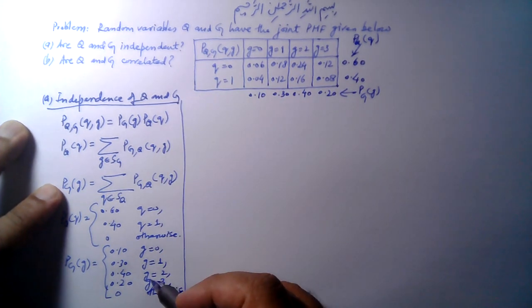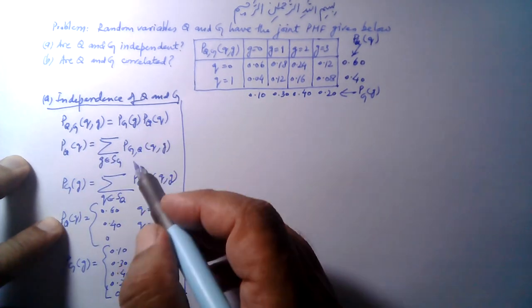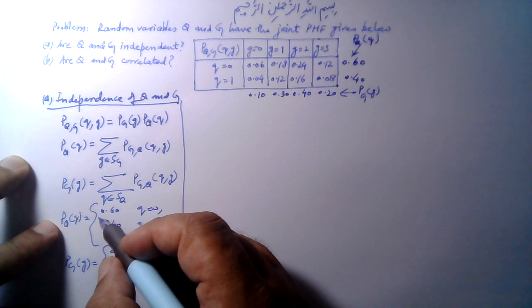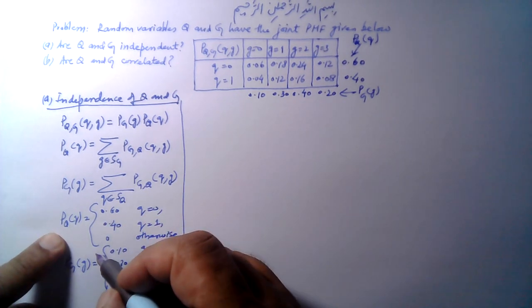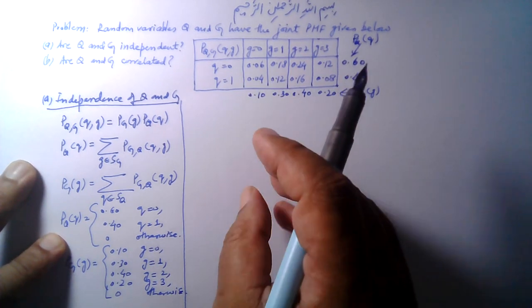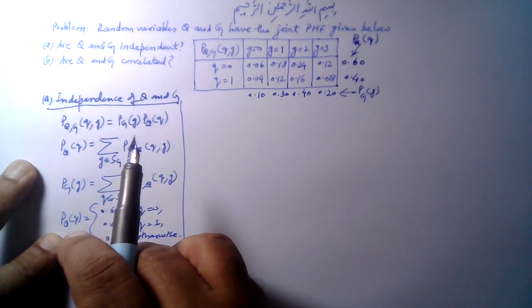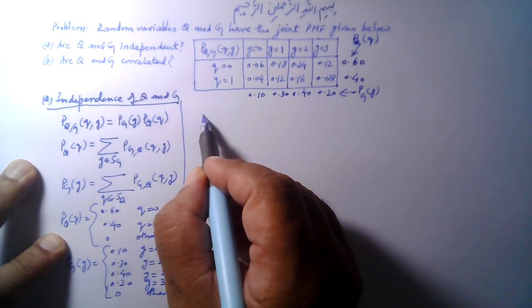So we have now the marginal PMF of random variable G also with us. What we need to do now is test for this equality here, and for this we need to construct the product of these two probability mass functions. So we build a table similar to the one here, but the table will contain the products of these probabilities of these two random variables. So let's begin constructing that table.